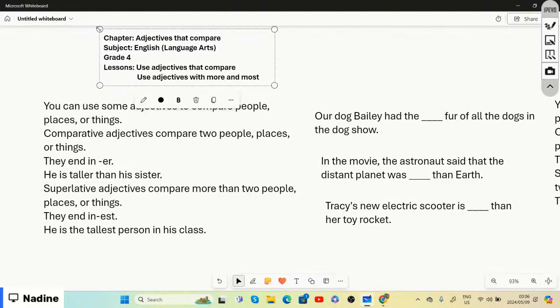And the lessons that we're going to be focusing on under the chapter of adjectives that compare is to use adjectives that compare and to use adjectives with more and most.